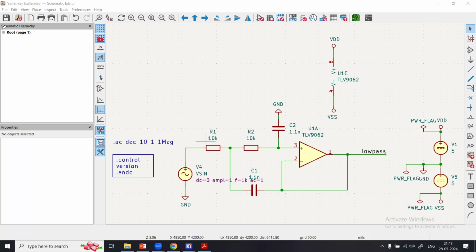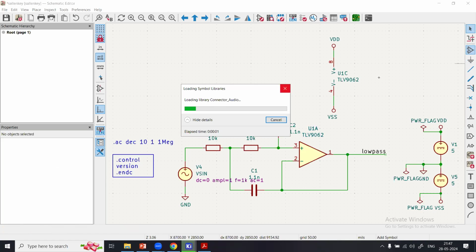Now, from the library, I picked up these components. I clicked here and it is loading the symbol library. Once the symbol library has been loaded, it loads the footprint library right over here. Step by step, we are doing good.